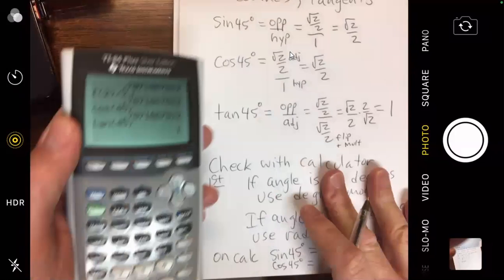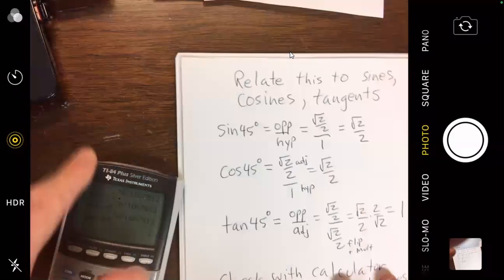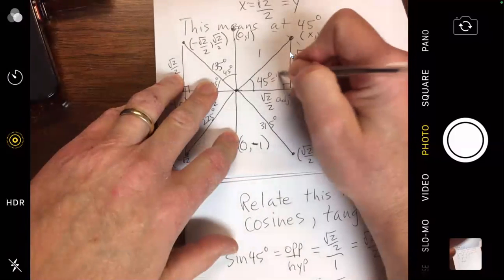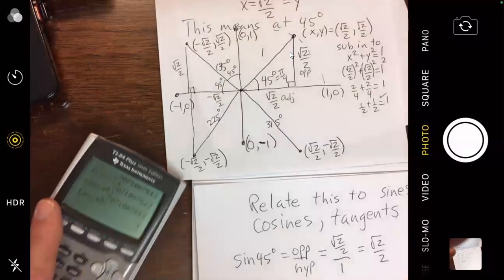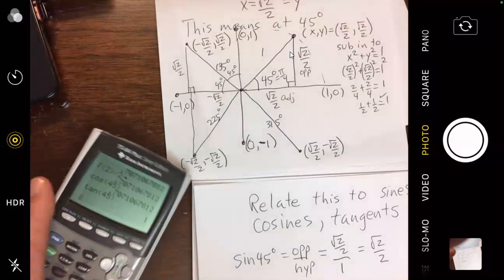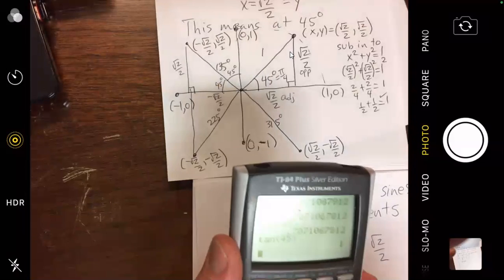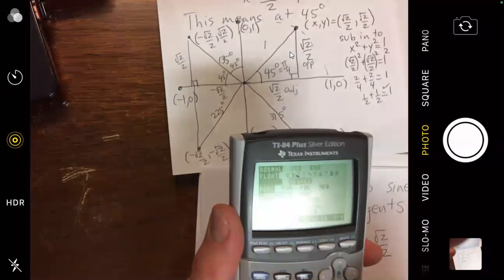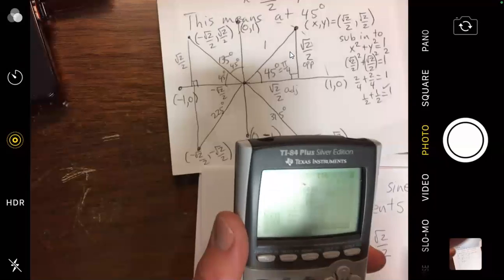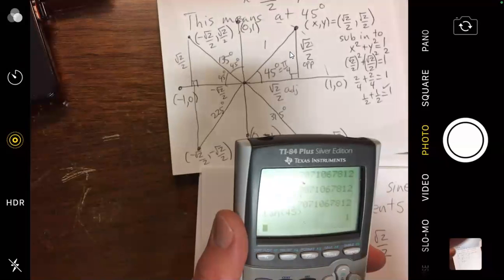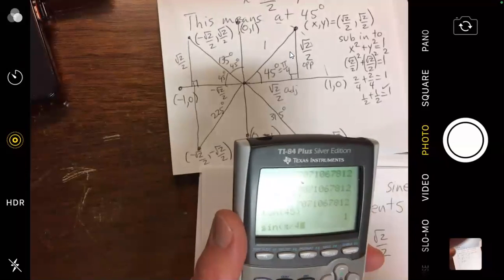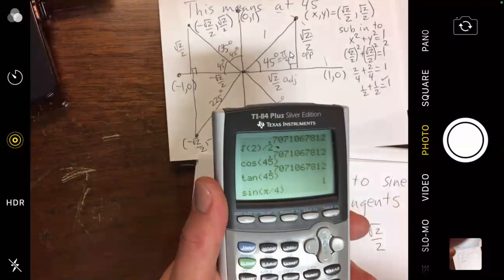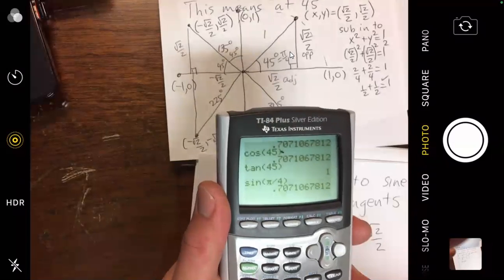Now remember, you can be in other angle systems. So remember, this was equal to pi over 4. I need to switch it to radian mode. And if I punch sine pi divided by 4, that's equivalent to 45 degrees, 0.7071.